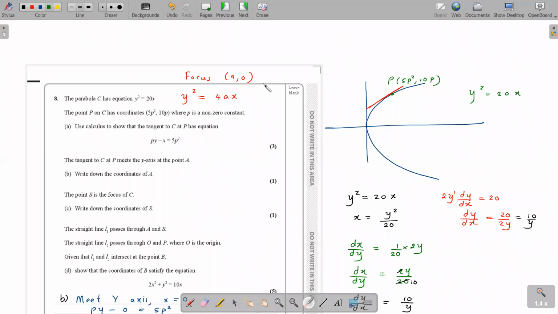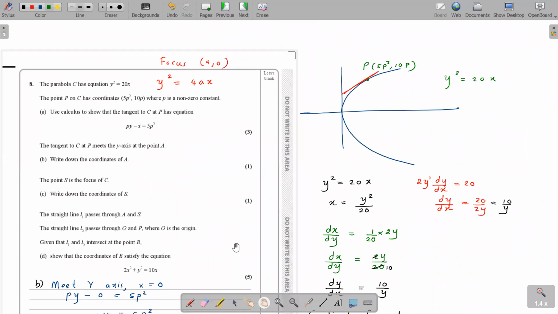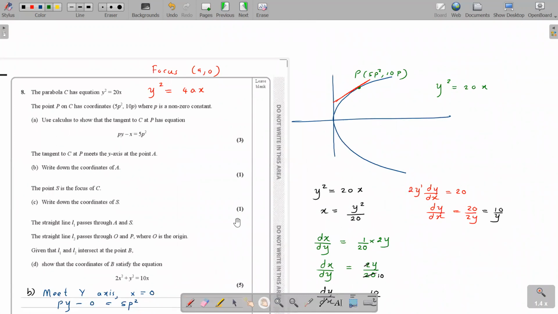Then the next one: the straight line L1 passes through A and S. So what is A now? A is the place where you meet the y-axis, right? So this is the y-axis A and this is S. Let's say S is over here. What was our S coordinate? 5, 0. So this is S. They say the straight line L1 passes through A and S. So I'll draw a diagram roughly.